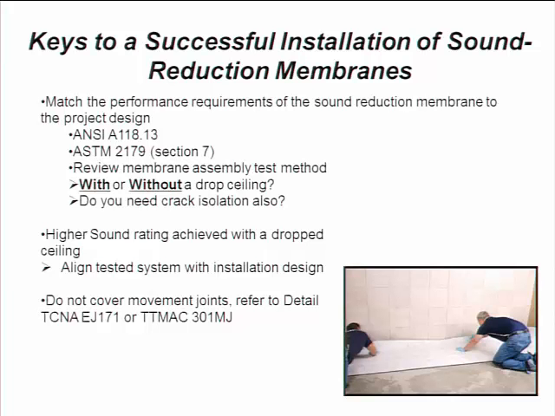Make sure that you are familiar with whether the spec requires it with a sealing or without a sealing, because that is going to be important as to the numbers that you will derive from the testing. And as it goes, the higher sound rating is achieved with a drop sealing. The higher the number, the better. But the important thing is to align the test system with the particular installation or project that you are dealing with.